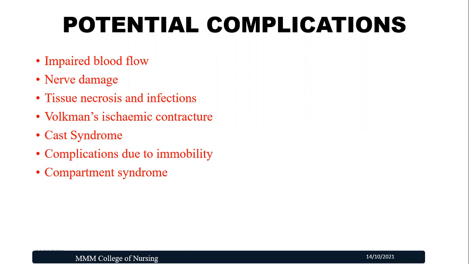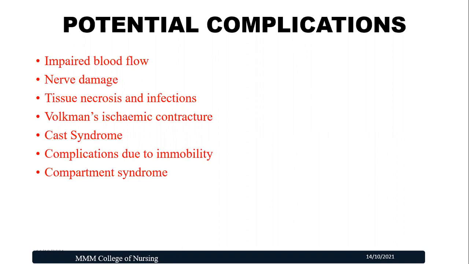The last but very dangerous complication is the compartment syndrome, and this is a painful condition which is caused by the pressure which is built up from internal bleeding or swelling of the tissues, where the pressure will decrease the blood flow and deprive the muscles and nerves of the required nourishment, and this is a very, very dangerous condition that needs to be monitored.